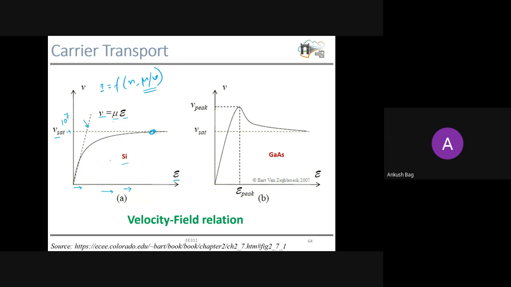Now you can see these are material limits, and this speed of carrier will decide how fast your device will operate, the frequency at which your device will operate. So you cannot use it if your requirement is something higher than this velocity. These are material properties.